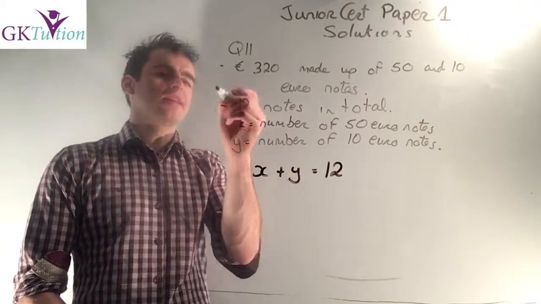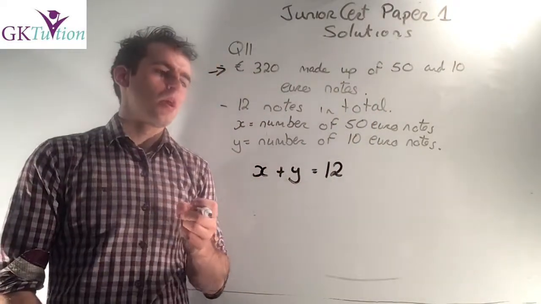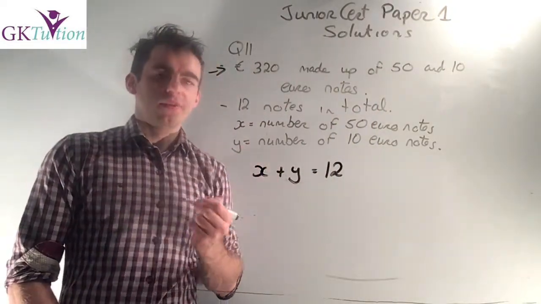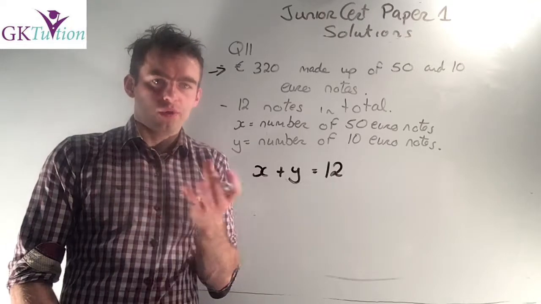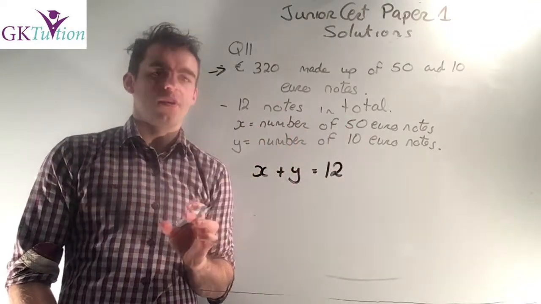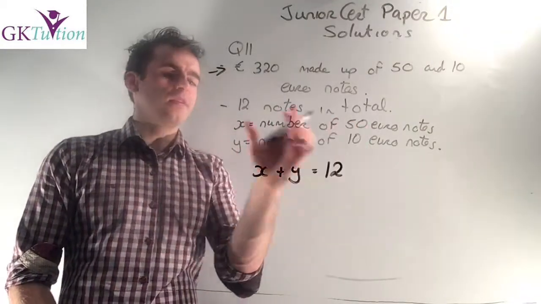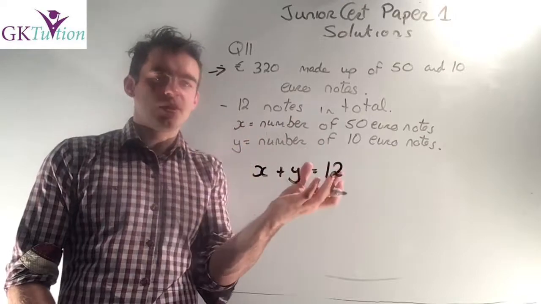The second set of marks: for the second equation, we have to think about the value of the money. If you had two €50 notes, they would be worth €100 in total. In order to work that out, I just multiply 50 by the number of notes. If I have two of them, 50 by 2 gives me 100. If I have four of them, 50 by 4 gives me 200.